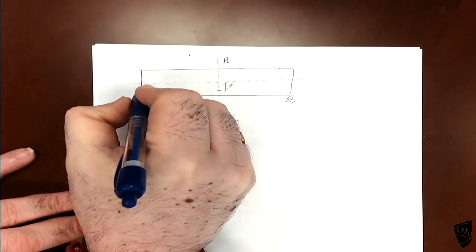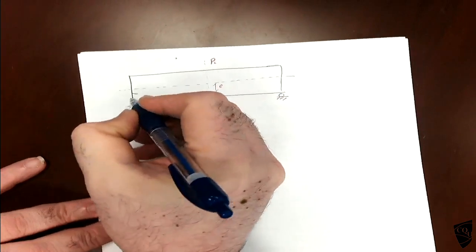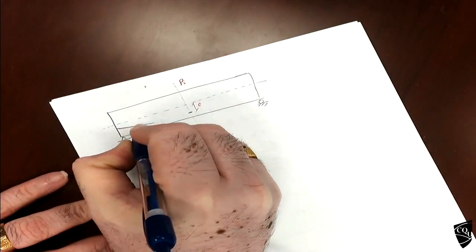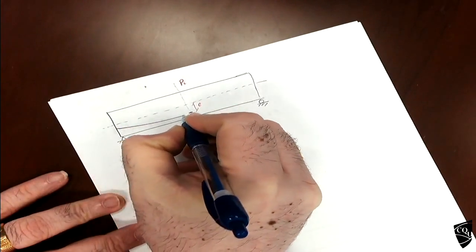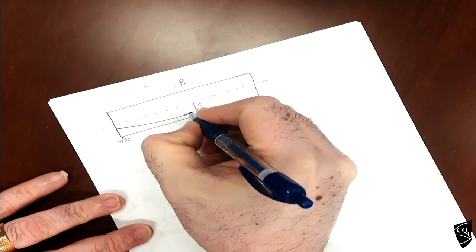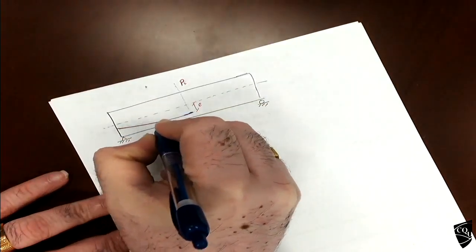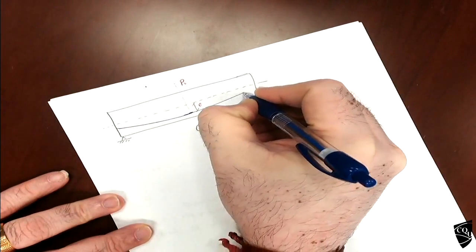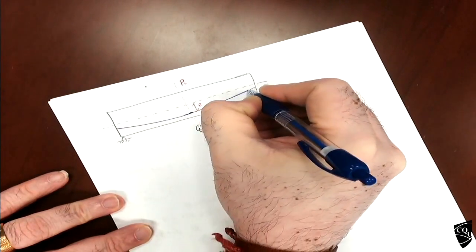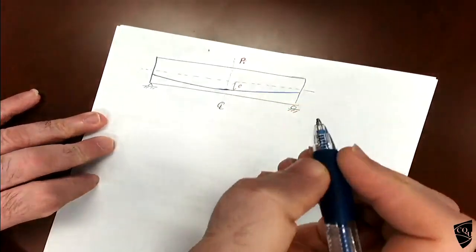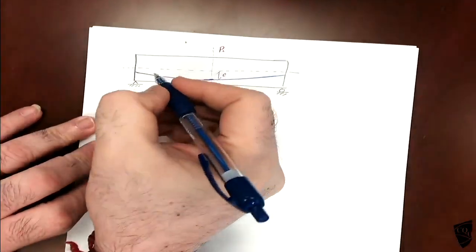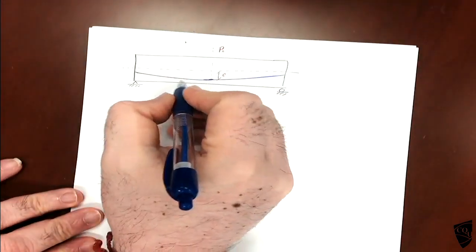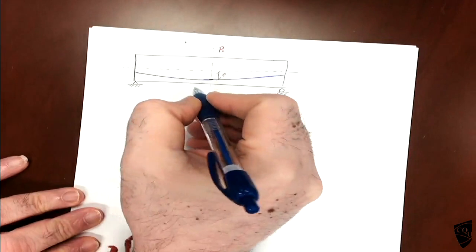We don't know the shape of the tendon. At this stage we don't know how that will go. It can be a straight line or it can be a curve.